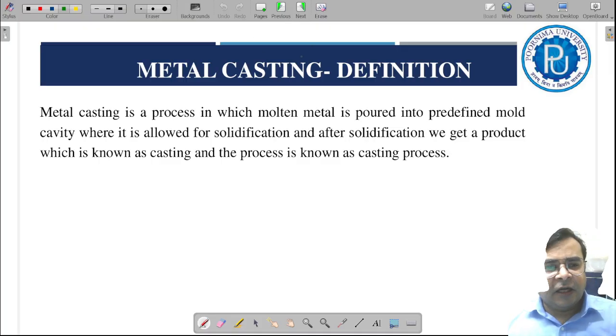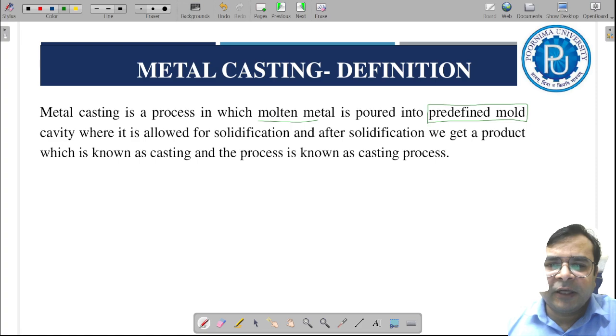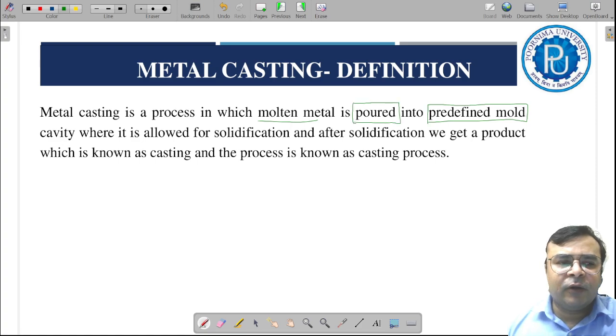Next, the first category of the manufacturing process is the metal casting process. So what is metal casting? Metal casting is a process in which molten metal is poured into a predefined mold cavity, and after that we solidify it.